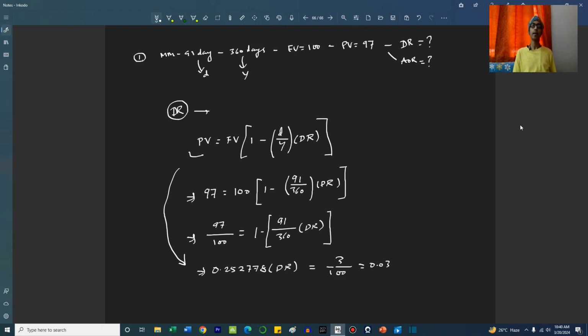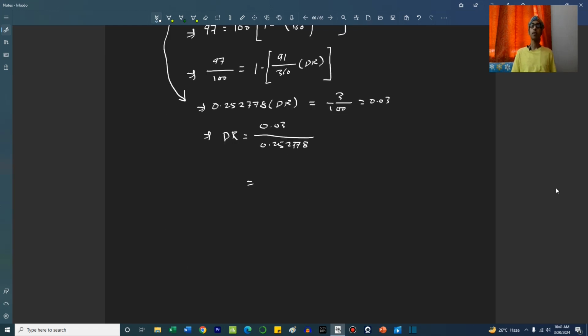Now we have the DR. DR is equal to 0.03 divided by 0.252778. This is equal to, we can easily calculate, 0.118681 or approximately 11.86%.